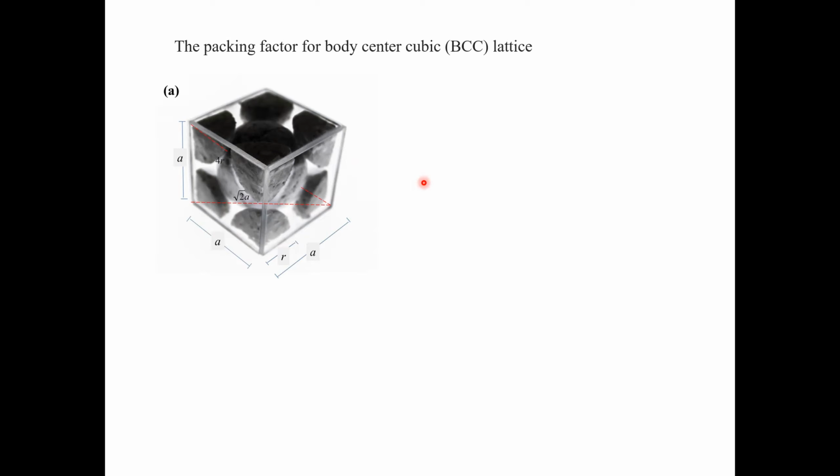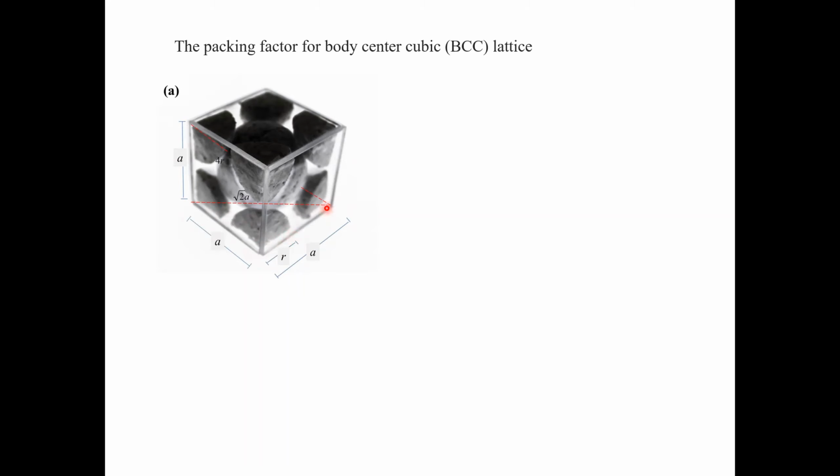Let's do for BCC. Again here, the length of the cube is all A, right? All A. And notice this. Sorry, this is R, right?